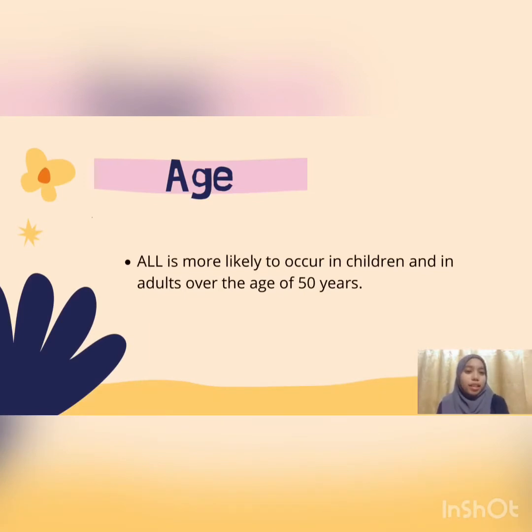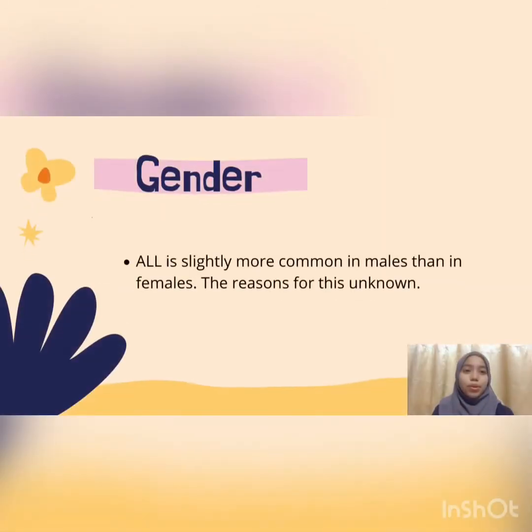Researchers state that this acute lymphocytic leukemia is likely to occur among children and also adults who are aged 50 years and above. Last but not least is gender. Acute lymphocytic leukemia is more common in males compared to females.